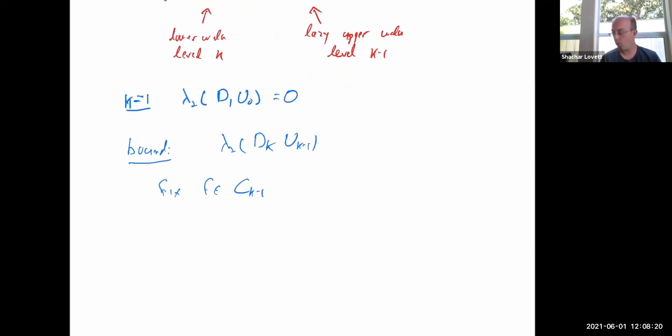Our goal will be to bound this D_k U_{k-1} applied to f, but as a proxy, we're going to use M_{k-1}^+, the non-lazy walk.